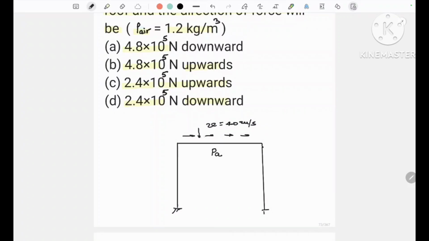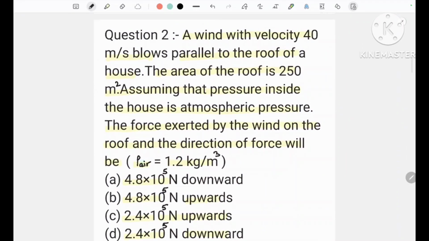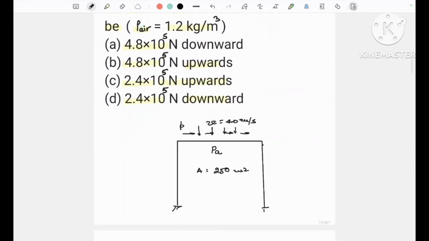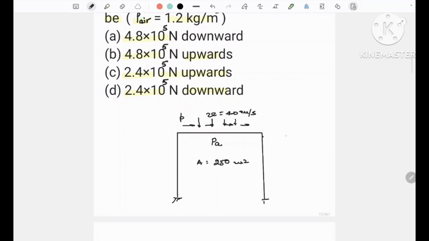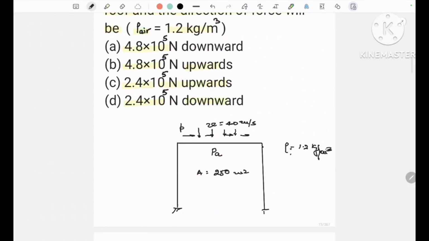Suppose यहाँ पर pressure is P. Area of roof is 250 meter square. And rho of air is 1.2 kg per cubic meter.